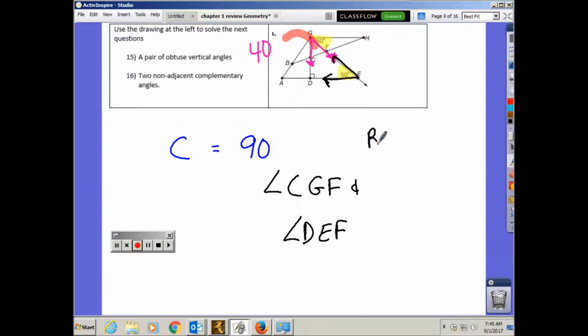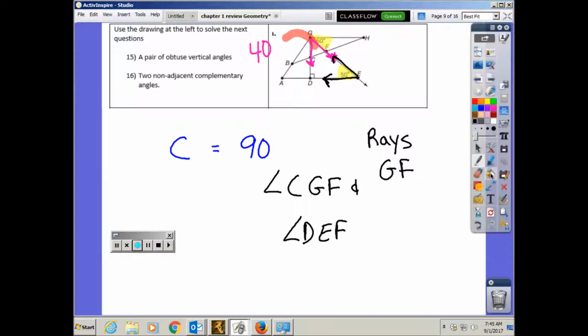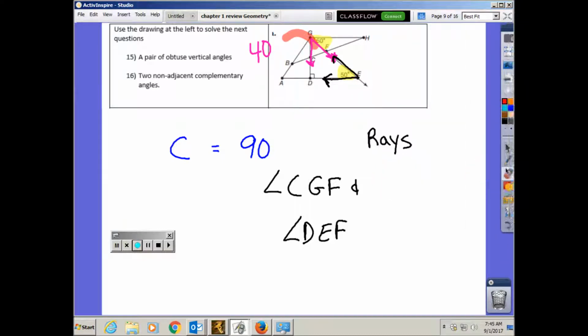But remember, when we name rays, the first letter has to be the vertex. So this ray, this pink ray, is actually ray GF. And the other ray, or let's actually name it all the way down the side here.